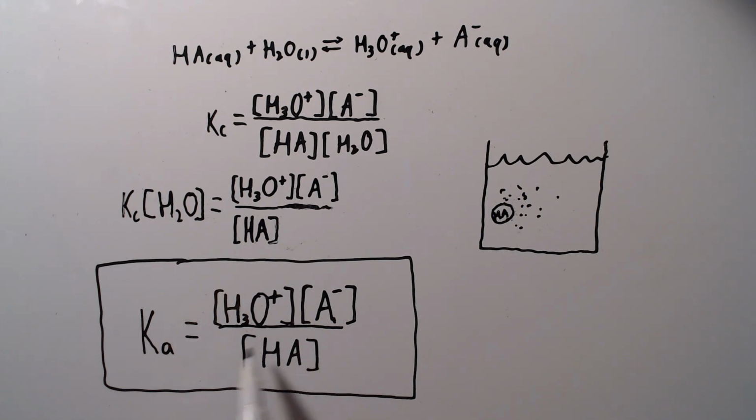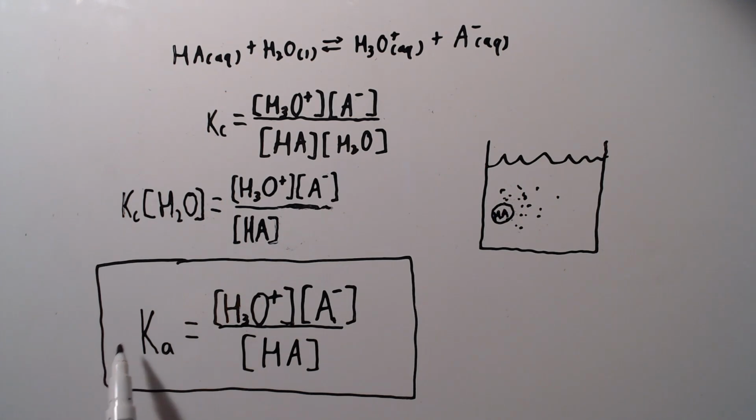So this value on the bottom is higher, and these values on the top are lower, because there's so little of these products actually produced. And because of that, the Ka is also lower. And if the Ka is lower, it signifies a weaker acid. So in effect, what we get from this is that the larger the Ka, the stronger the acid. It's better at dissociating. The smaller the Ka, the weaker the acid.